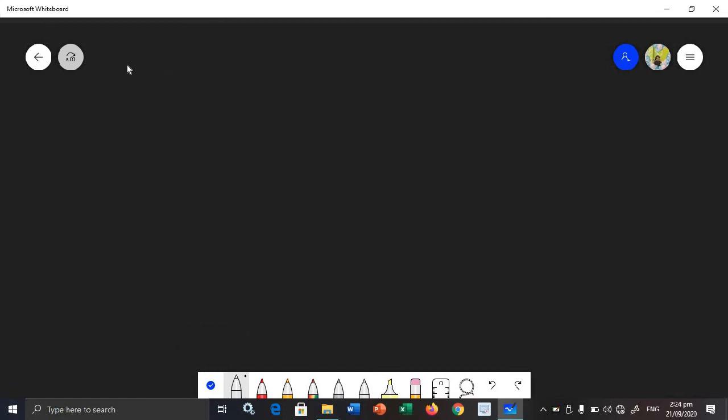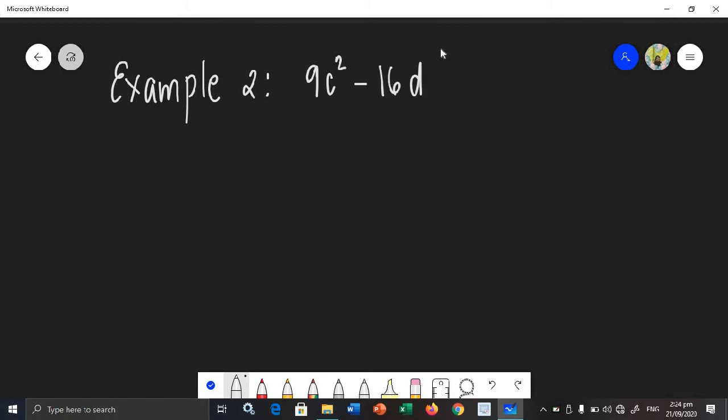Let's say we have example number 2, and we have 9c squared minus 16d squared. Okay? So, I'm going to write the factored form here para mas mabilis. And then, solution.